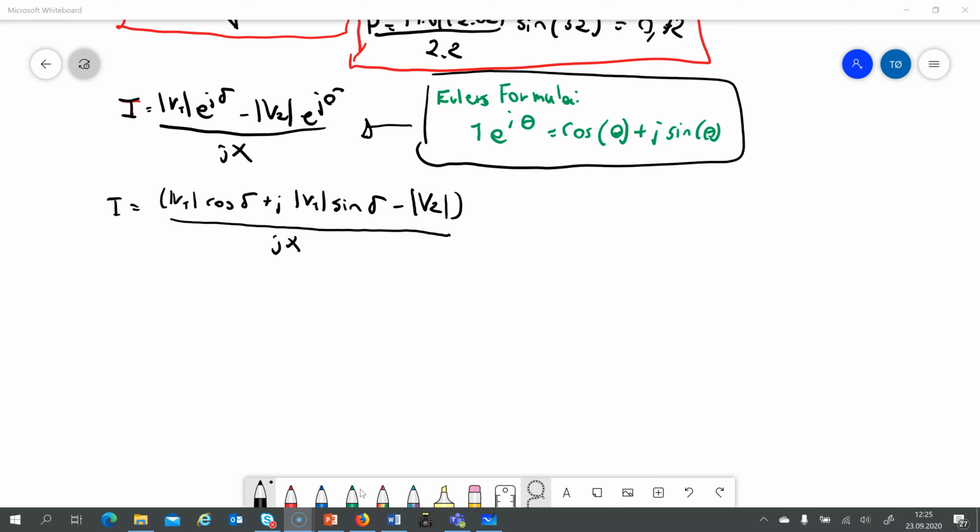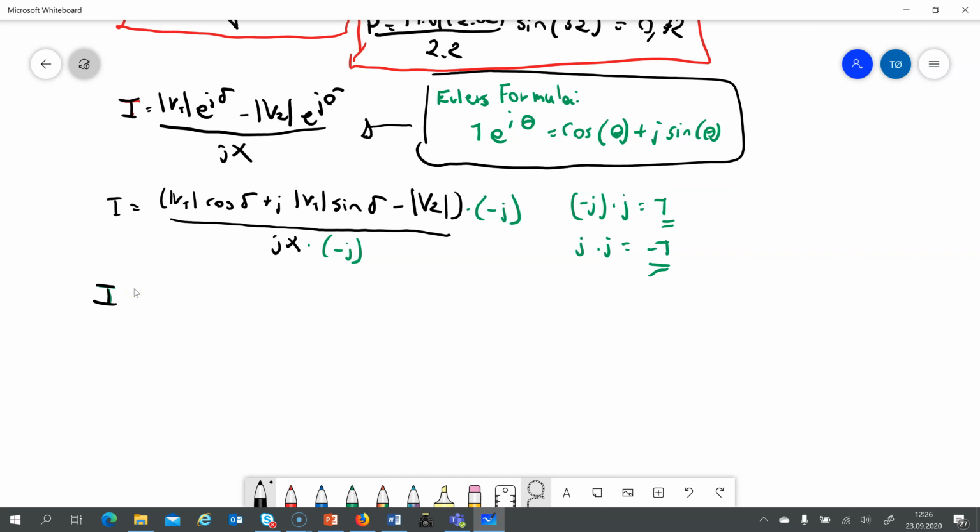And then we can do a trick, we multiply this with minus j, the imaginary value, also multiply here, because we know that minus j times j like this is equal to 1, or minus 1.